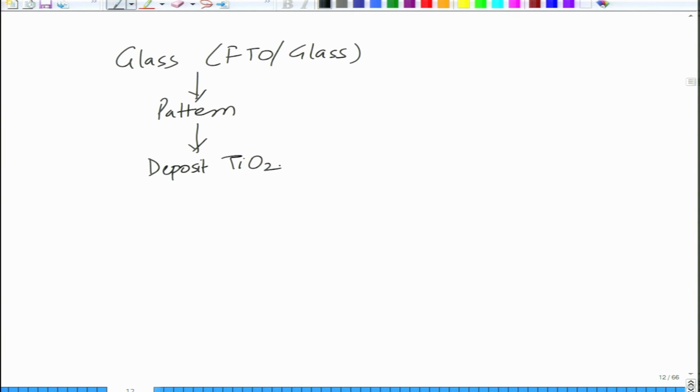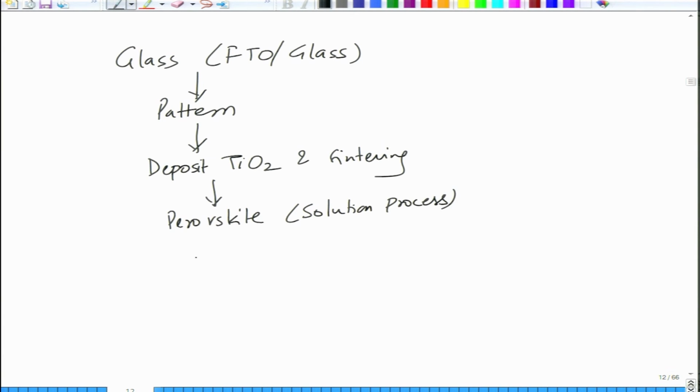TiO2 is deposited through solution technique, but it is sintered at high temperature, deposition of TiO2 and then sintering, and then we deposit perovskite, which is again a solution based process. Solution processing, you spin coat perovskite followed by annealing, then we deposit Spiro or other HTM, which could be either solution processed or it could be evaporated, and then we deposit the contact.